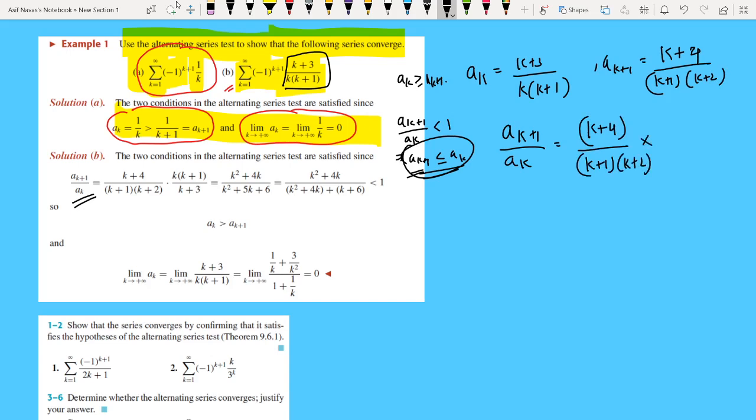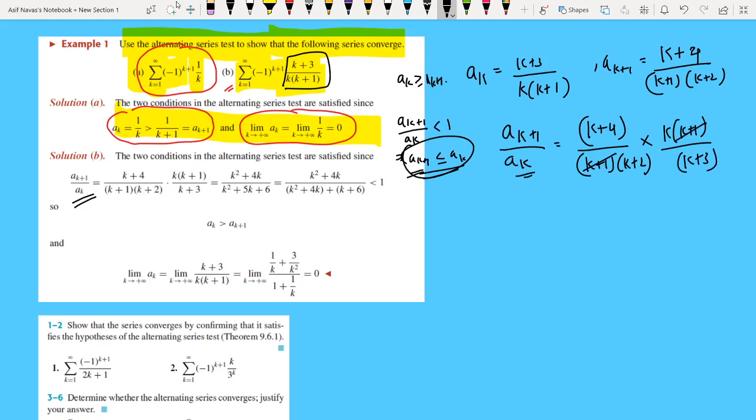This divided by ak, so we multiply with the reciprocal, k into k plus 1 divided by k plus 3.